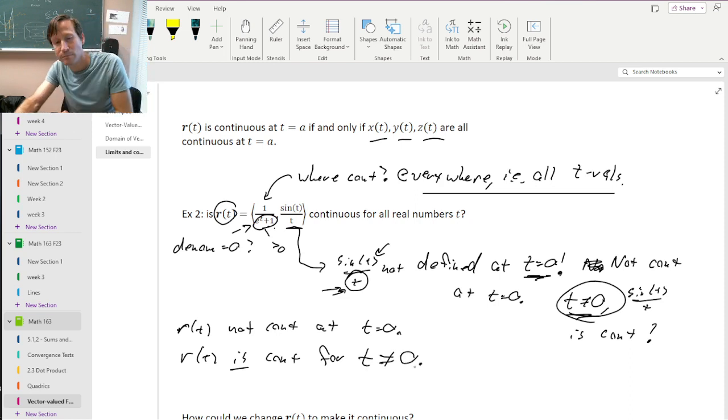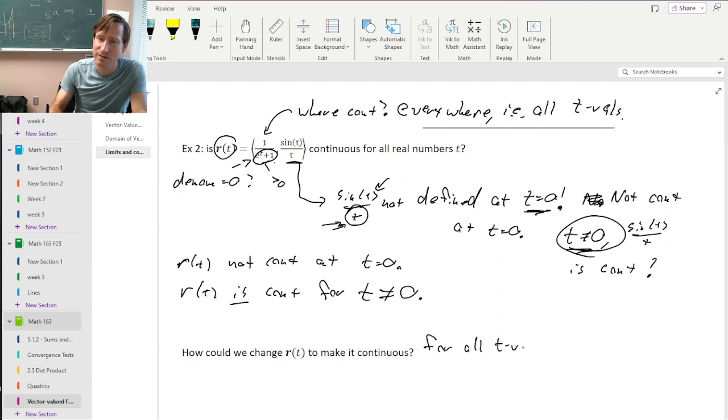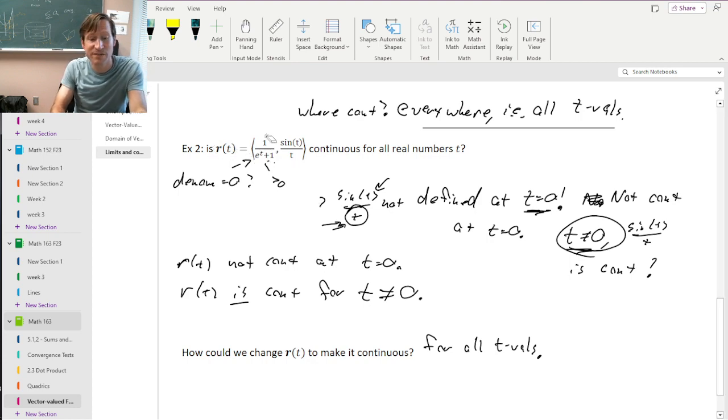Okay. One other question: how could we slightly modify the formula for this function so that it is continuous for all t values? Well, we already have a vector valued function that is continuous for every t value except t equals 0.